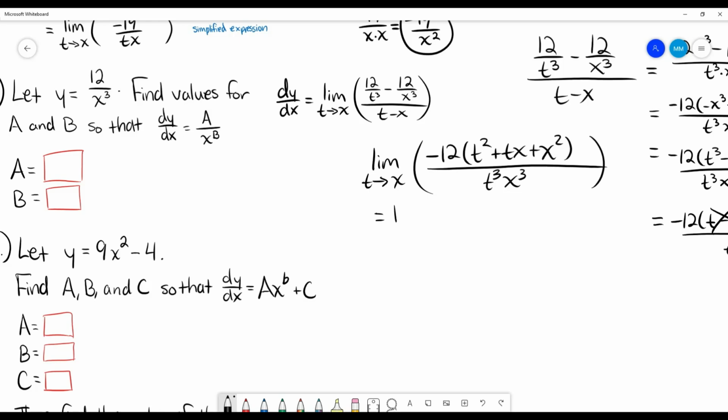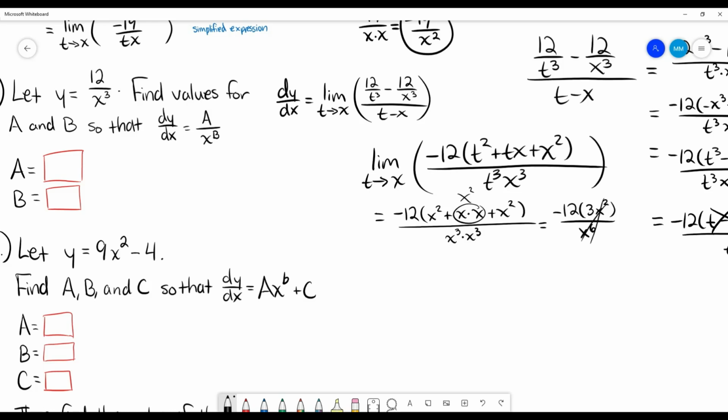So it's going to be a negative 12 times x squared plus x times x plus x squared over x cubed times x cubed, which is going to be negative 12, and this is going to be an x squared, so we've got negative 12 times 3x squared times x to the 6th.